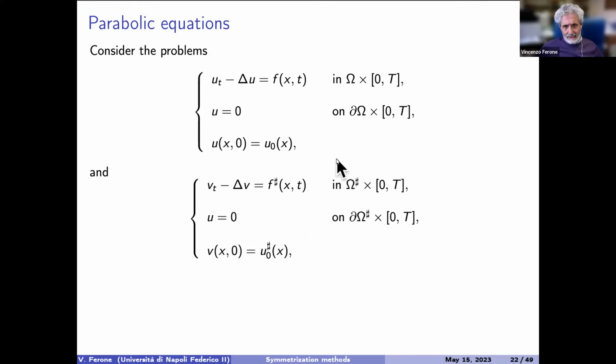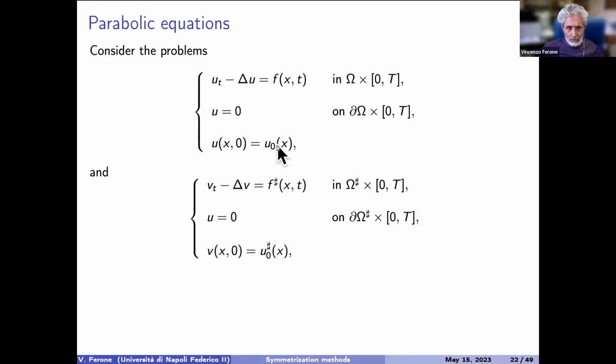This kind of result is useful also if one considers parabolic equations. For a parabolic equation, the comparison is between the solution of this problem, the first problem, and the solution to the second problem, the symmetrized one, where f is substituted by f sharp. Now, f sharp is the symmetrization, a kind of Steiner symmetrization of f, where t is fixed, and this symmetrization involves only the variable x.